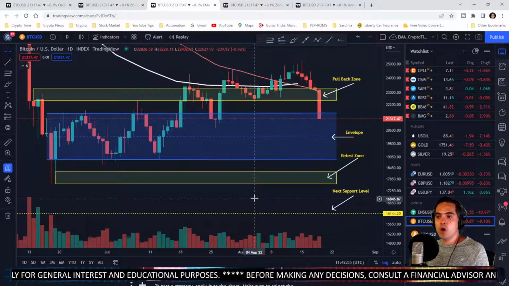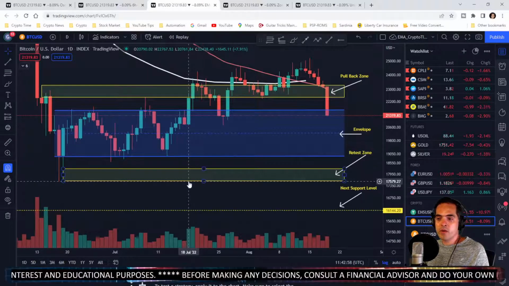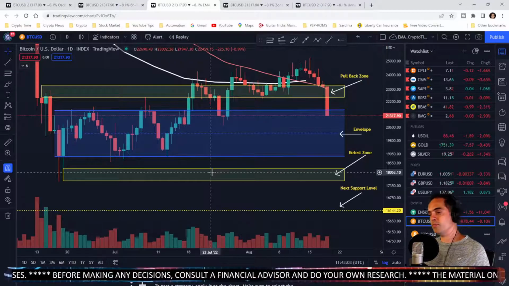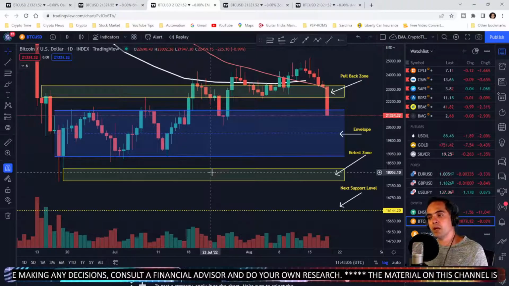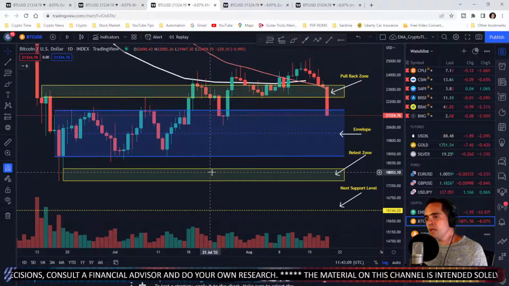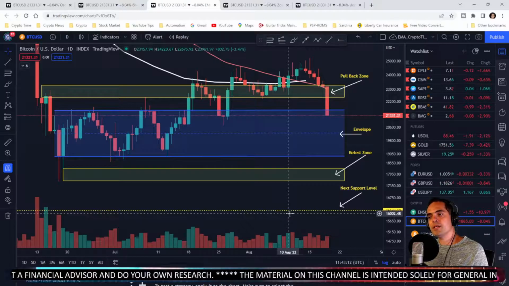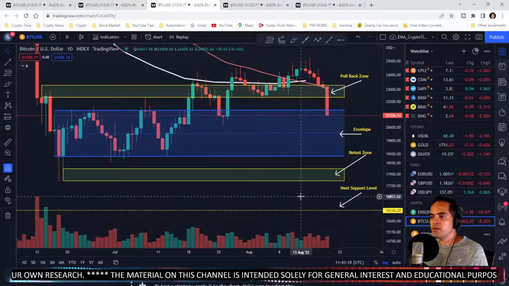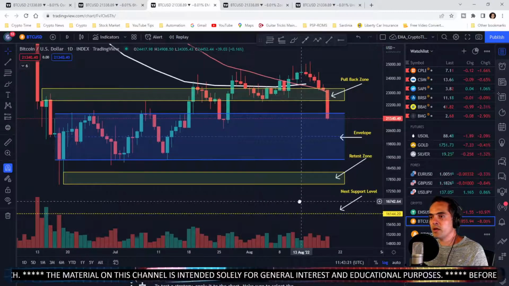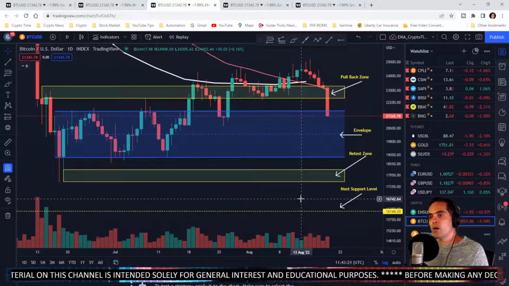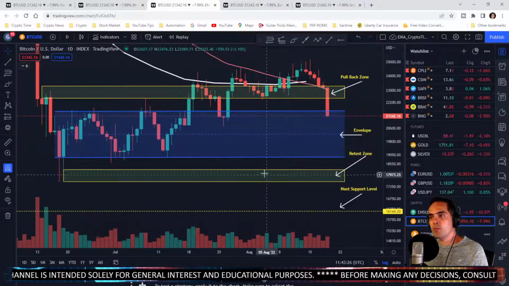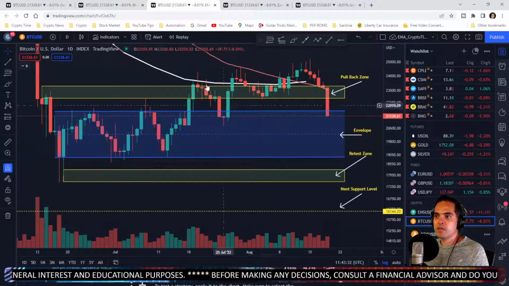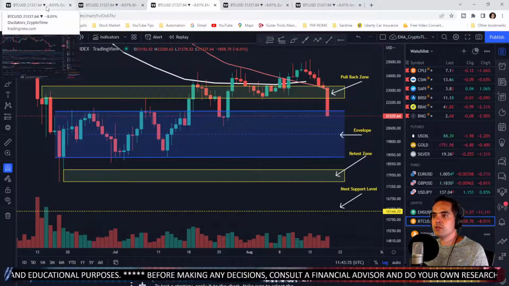Because if you go all in, which I don't recommend, at that level, and expect to spot the major bottom of Bitcoin, and the price reaches the 16K and keeps falling, that's definitely not good for anybody. But you can buy at a cheaper price right here at 17K. All right, so let me change the charts.